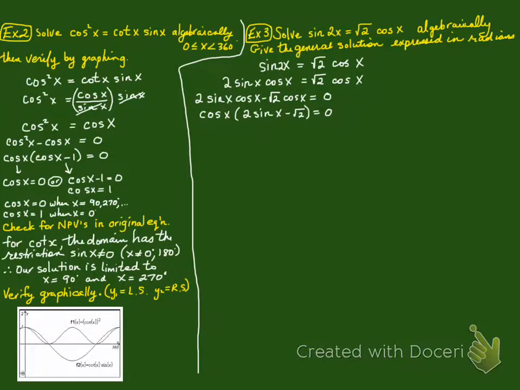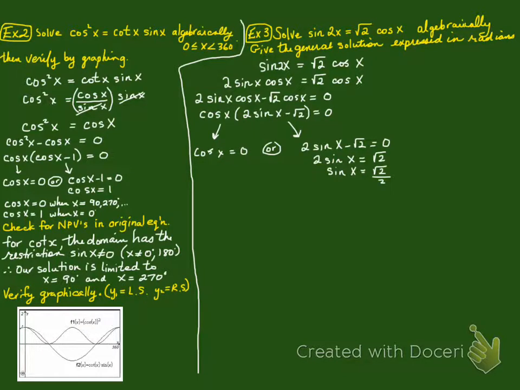That tells me that one of my solutions, the cosine of x, has to equal 0, or 2 sine x minus root 2 has to equal 0. Again, the cosine of x is going to equal 0. Well, let's do the other side first. 2 sine of x equals root 2. Divide both sides by 2.